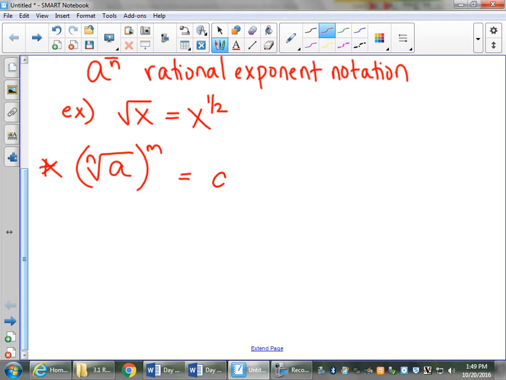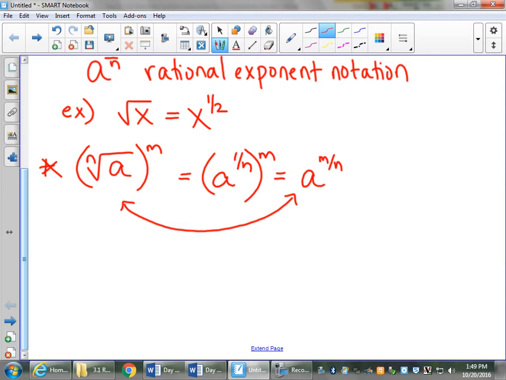So this would become a to the 1 over n, okay, just like we talked about before. The nth root of a is the same as a to the 1 over n, but that's still to the m power. Power to a power rule says you multiply the powers, so this will become a to the m over n. So it's just using the two forms that you might see it in.